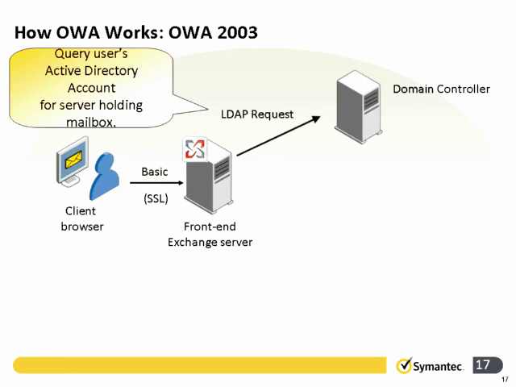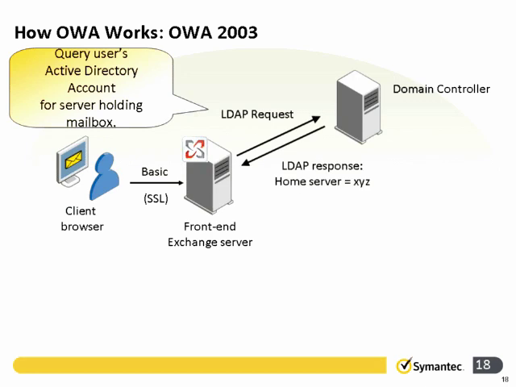The front-end Exchange server will then make a Lightweight Directory Access Protocol request to a domain controller / global catalog server. Again, you can have a global catalog server on the domain controller, but you need to be able to communicate with both a global catalog server and a domain controller to determine the back-end Exchange server that's actually containing the mailbox that this client is trying to connect to.